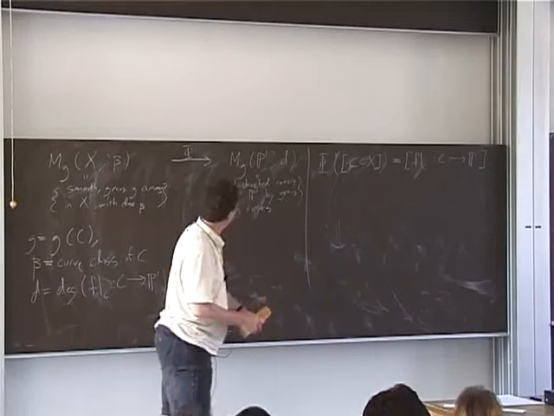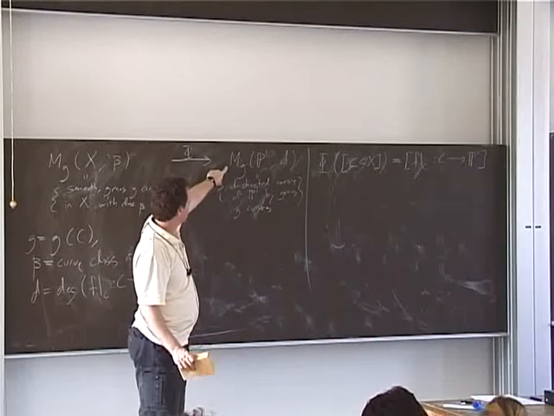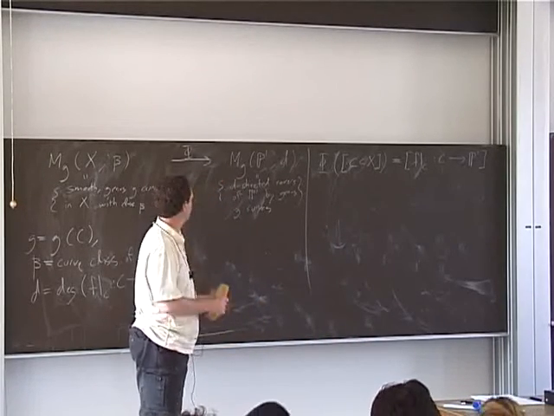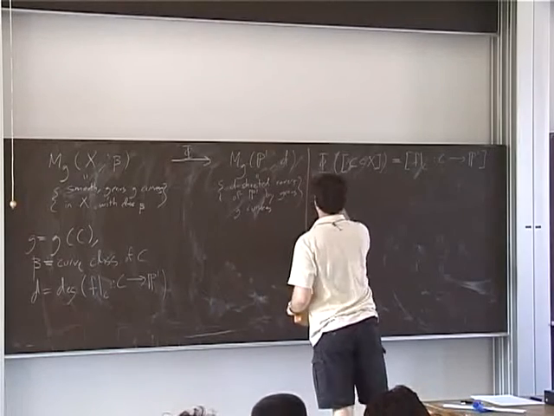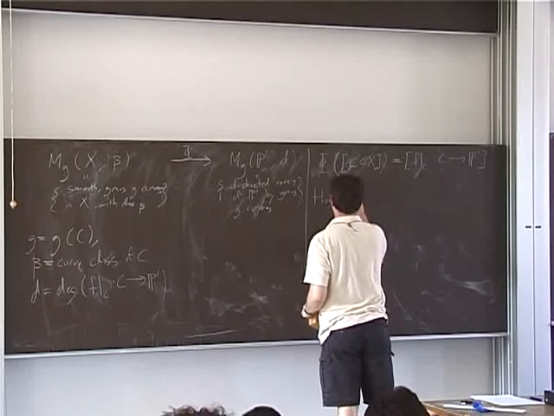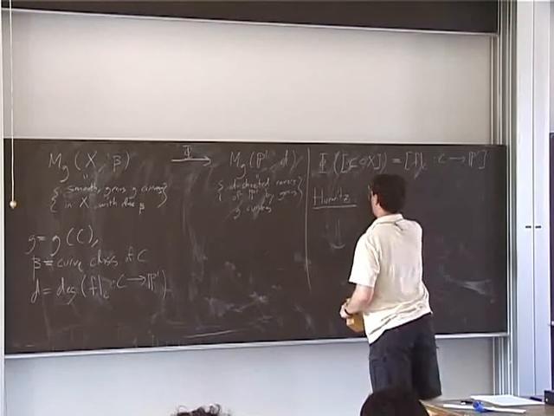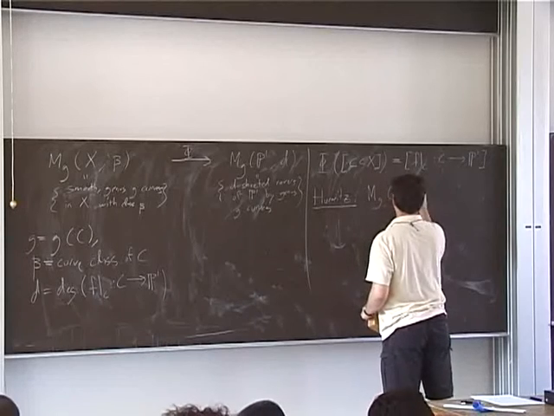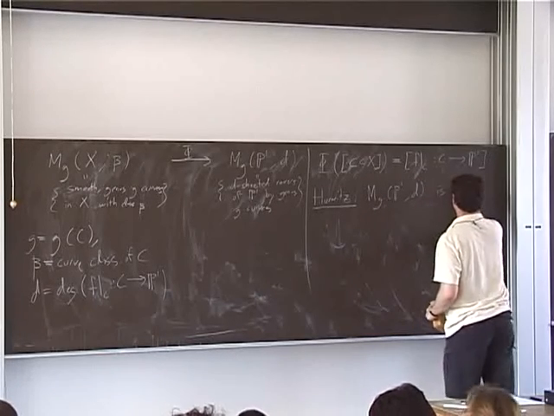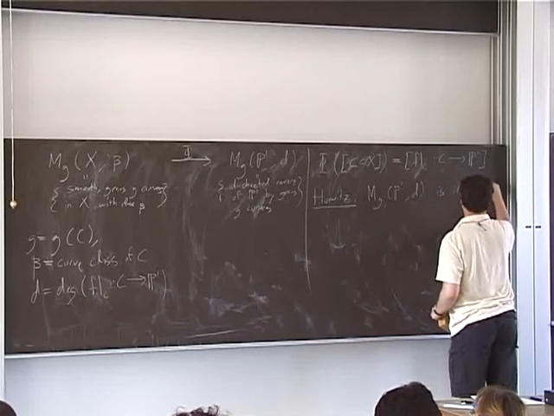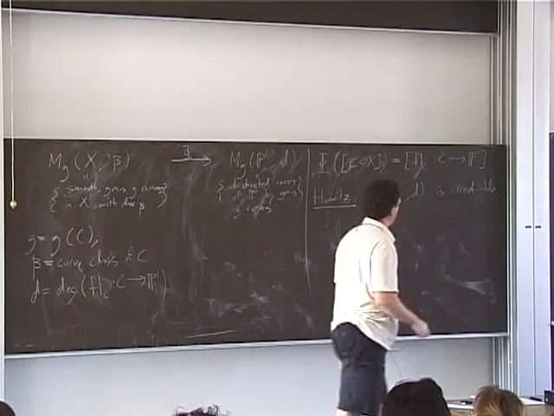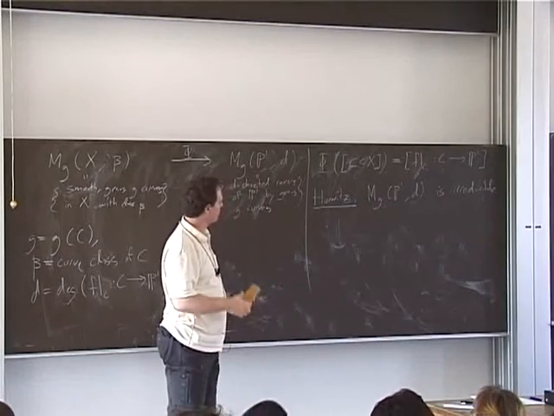And there's one classical result about this space, which is that it's irreducible. So Hurwitz proved that M_g(P1, d) is irreducible. This is actually a result about an action of the braid group of P1.